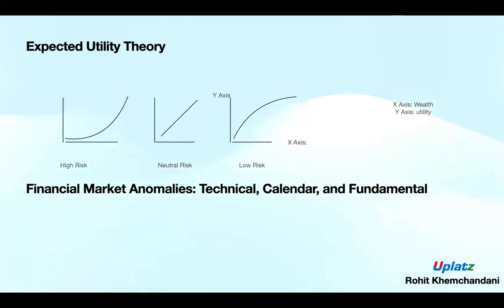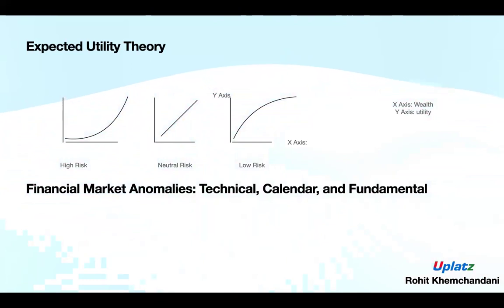So rational investors act to maximize their expected utility, which is calculated as the weighted sum of utility values multiplied by their respective probabilities. It categorizes the decision makers into risk averse, risk neutral, and risk loving individuals.